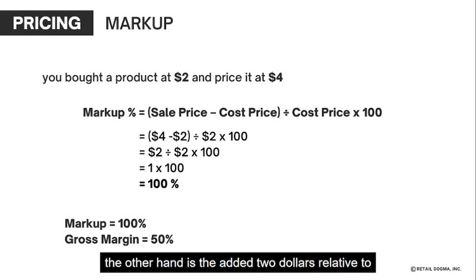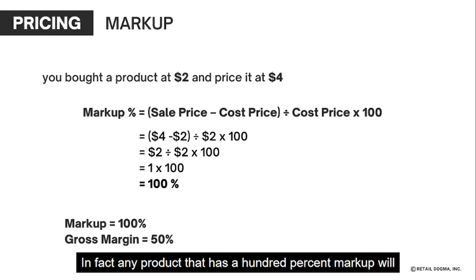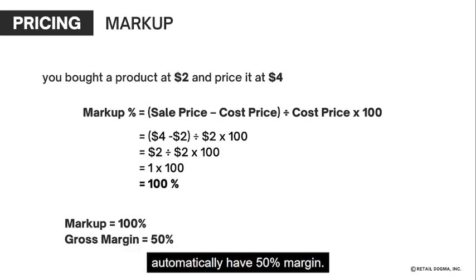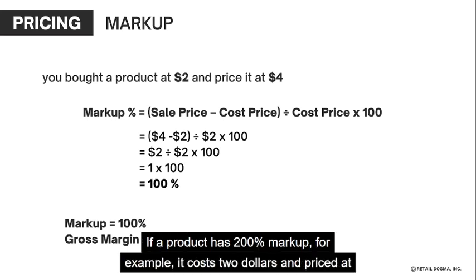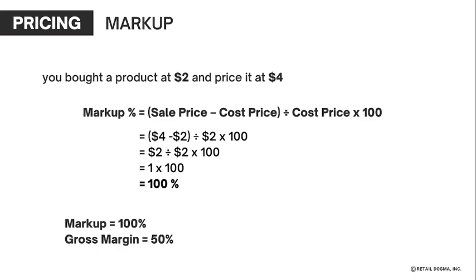Margin, on the other hand, is the added $2 relative to the sale price, which is $4, so margin here will be 50%. In fact, any product that has 100% markup will automatically have 50% margin. If a product has 200% markup, for example, it costs $2 and priced at $6, it will have a 66.67% margin, and so on.